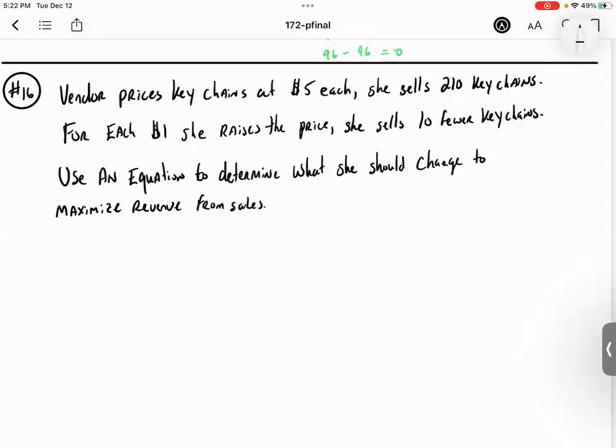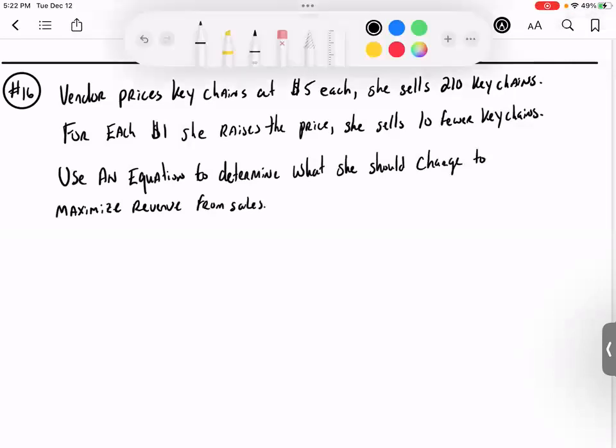Okay, so there's a little acronym that can help us for revenue problems. All you got to think about is these 3 letters, because in the alphabet they occur in succession, right? If you sing your ABCs, you get PQR. So what P stands for is price, Q stands for quantity, and R stands for revenue.